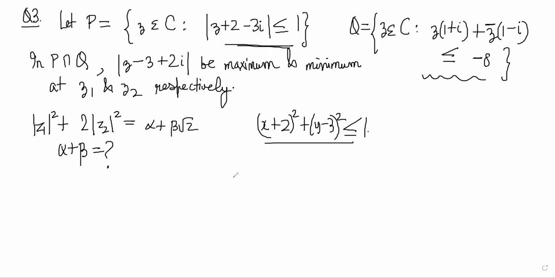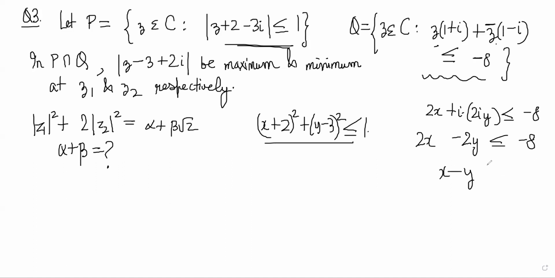Yes, (-2, 3) is in the second quadrant, and the radius is 1. The line equation is coming as z plus z conjugate, so 2x, minus i, so taking i common, z minus z conjugate, 2iy is less than or equal to -8, so this is -2y, right? Yes sir. Minus y plus 4 is less than or equal to 0.